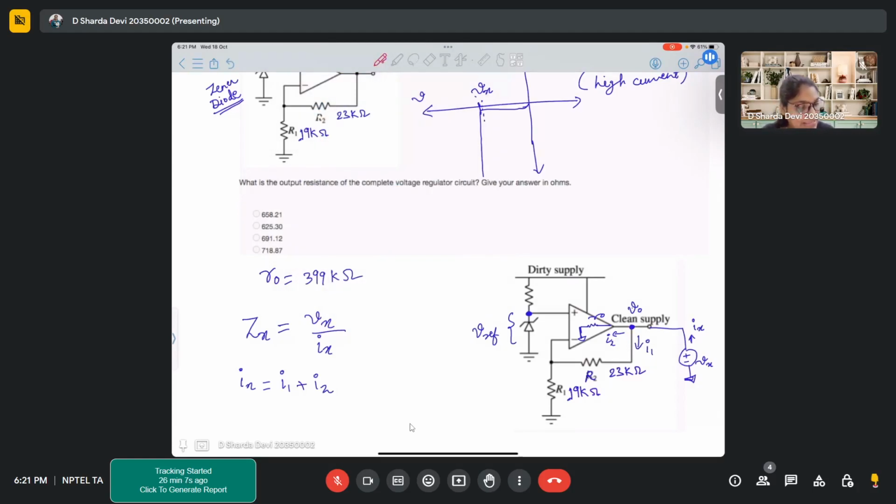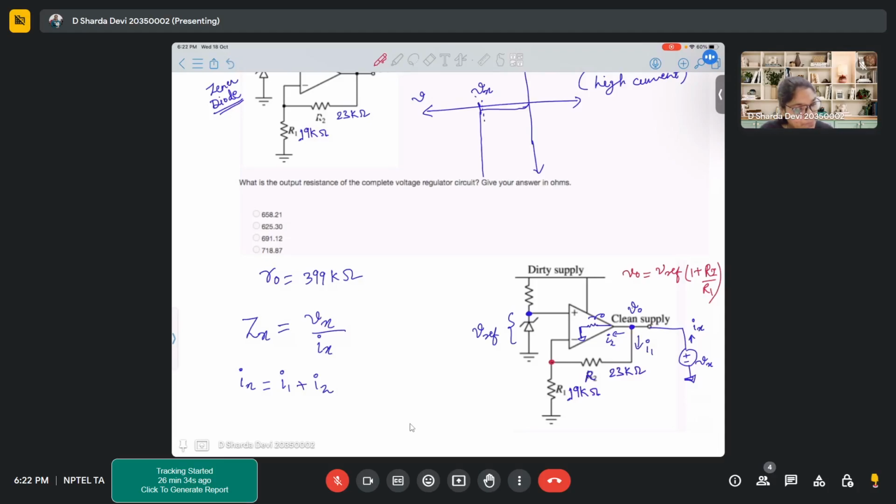And the gain is, since it is negative feedback, like in non-inverting configuration, so V naught will be Vref (1 + R2 by R1). Correct? So this is the value of Vref that we'll get at this particular point.